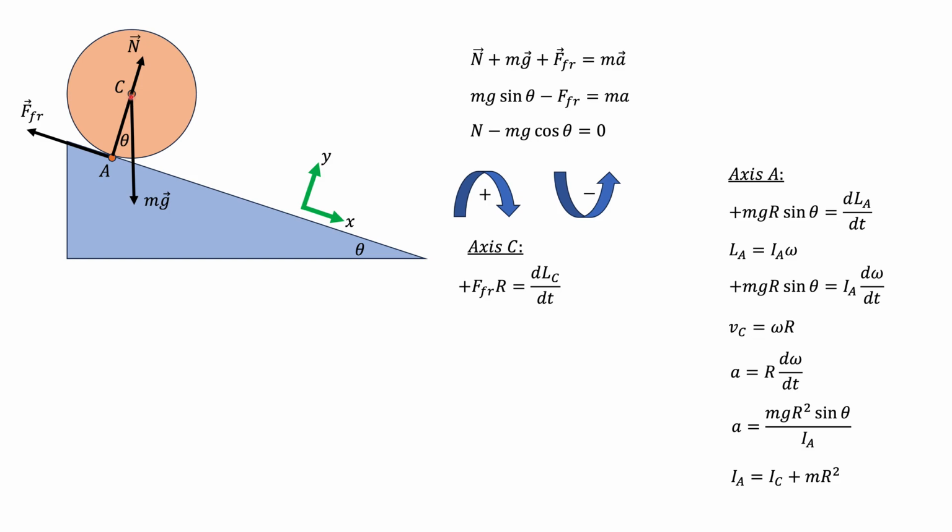Now, the motion with respect to point C is a pure rotation, which could be represented as moment of inertia with respect to the axis C times angular velocity. Like in the previous case, we substitute this value into the previous equation.